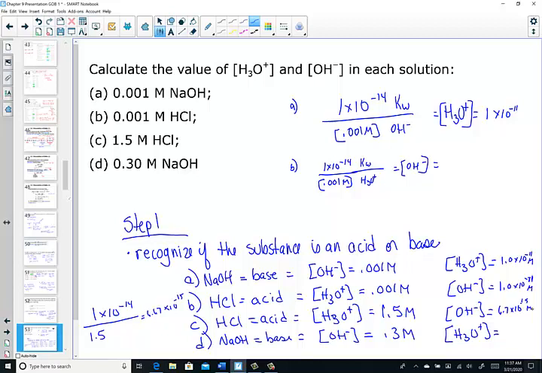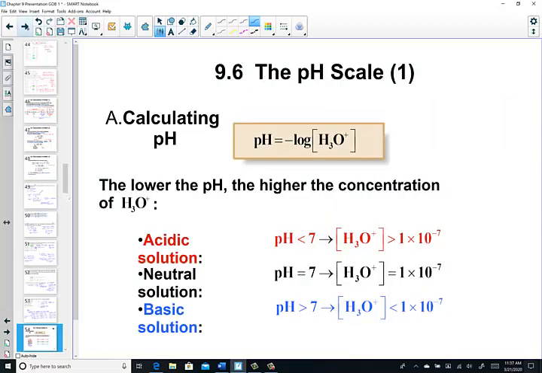One more. 1 E negative 14 divided by 0.3. And that's 3.3 times 10 to the negative 14th molar units. All right, we're doing great. Using Kw to solve for the ion product constant for water.